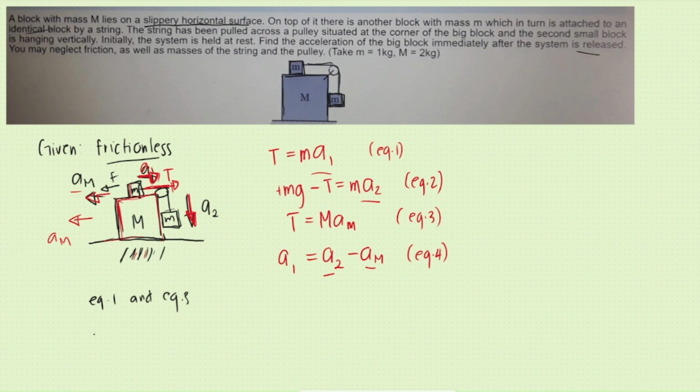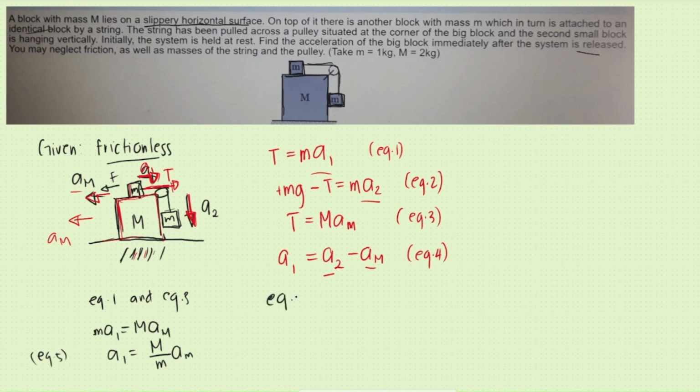So let's solve for A_M in terms of small m, large M. So m A1 is equal to large M A_M. A1 now is equal to M over small m, A_M. So we now have equation 5.